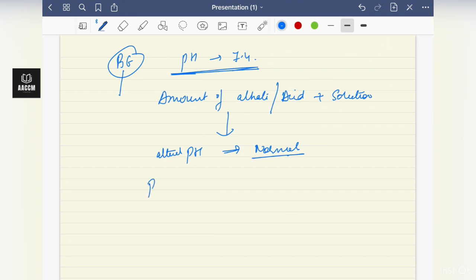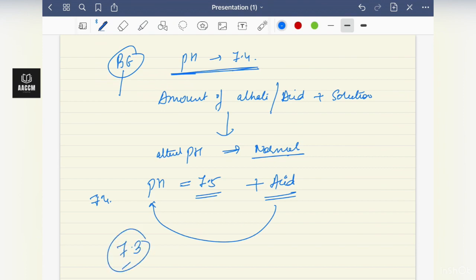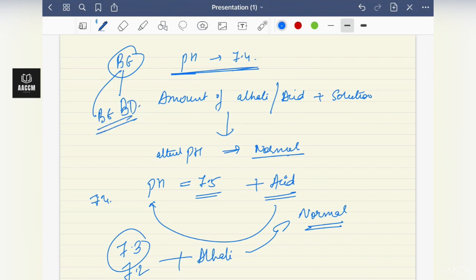So let's say if the pH is around 7.4, we have to add acid to this to bring back the pH to 7.4, and vice versa. If the pH is around 7.3 or 7.2, we have to add alkali to that to bring back the pH to normal. Okay, so this is the base excess or base deficit.